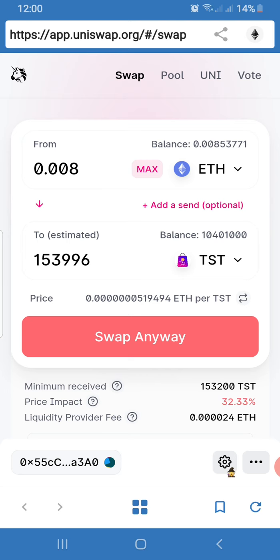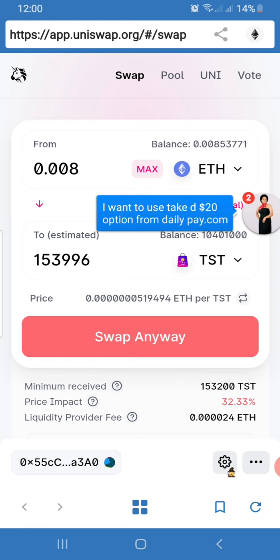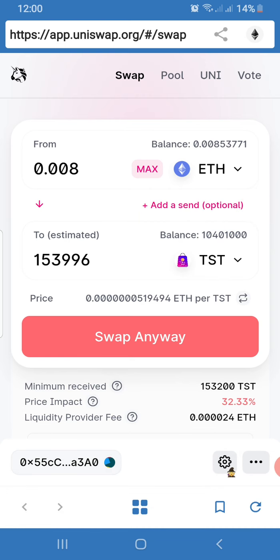Inside that 0.3% fee, this 0.000024 Ether is what the liquidity providers are going to split. It's going to be split among the liquidity providers based on how much they staked. Do you get what I'm saying?